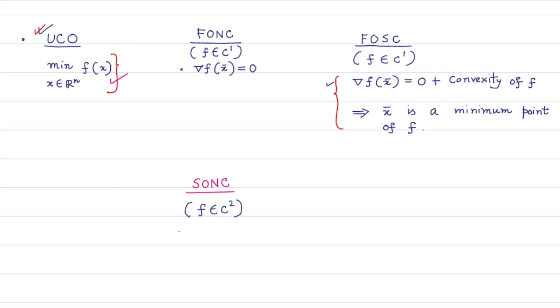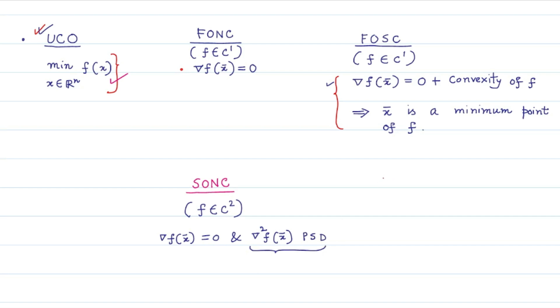That is the second order necessary optimality condition: the stationarity, which is the first order optimality condition at the point x bar, plus the Hessian of the objective function at x bar being positive semi-definite. So this is your second order necessary optimality condition.